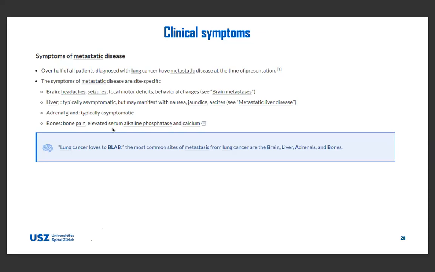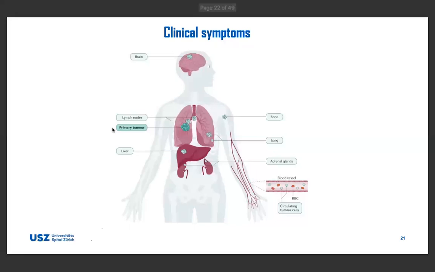Bone metastasis can be very painful, and it's important, in addition to the first scan, X-ray or CT chest scan, to do also bone scan. This is a quick overview again of which places lung cancer metastasizes to. So we have the brain, the bone, the lung itself, of course, the liver, and the adrenals.